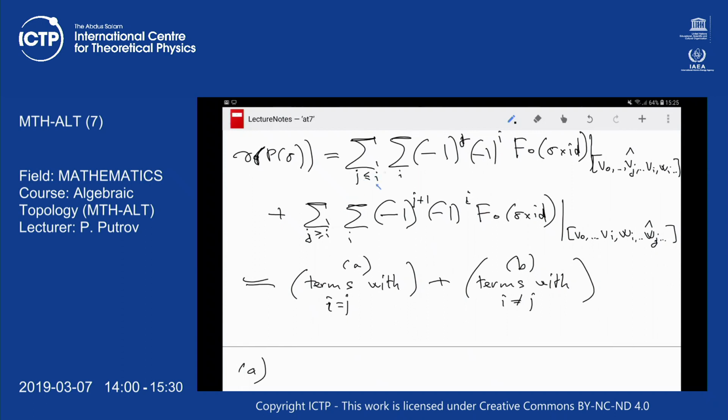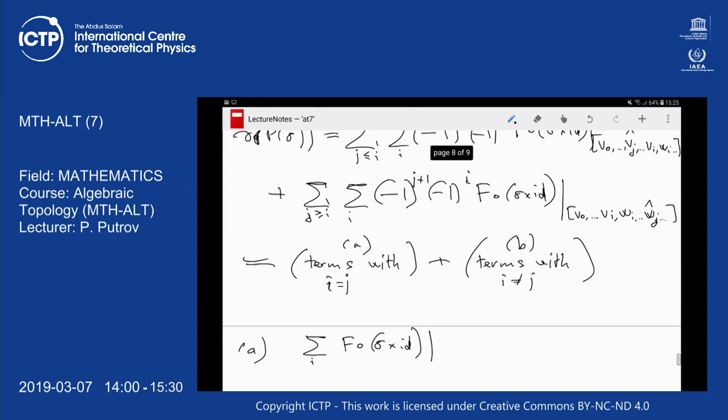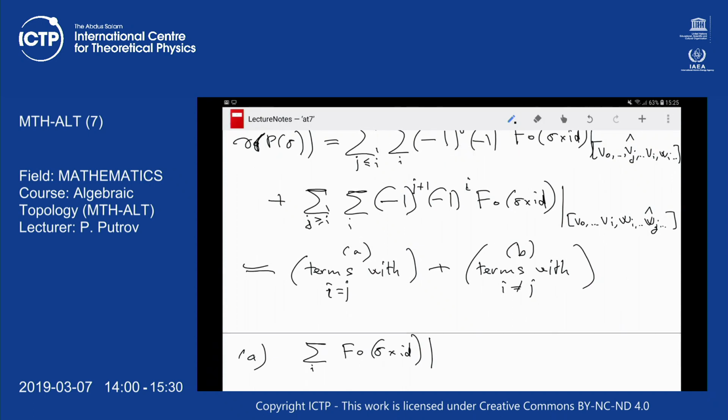So first consider terms with J equals I here. If I restrict my J to I, I get just a sum over I. So this minus 1 will be the same, so it will be just plus 1, sigma times identity composed with F. And since J equals I, my vertices will be the following.